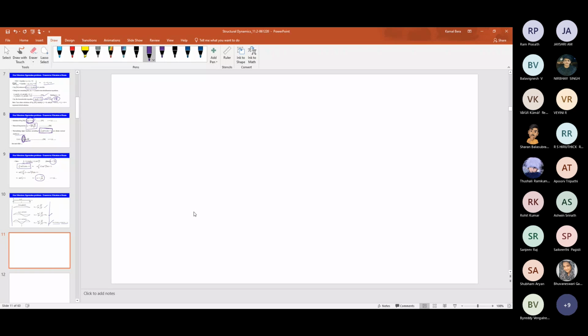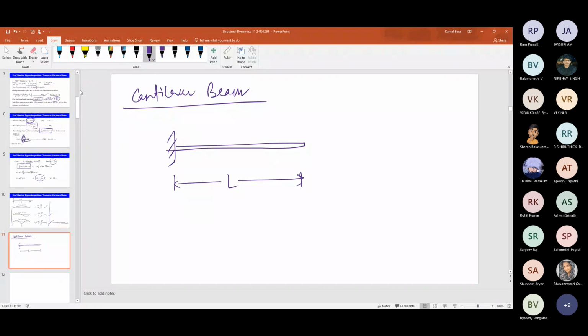Now we will move to today's topic, that is basically the cantilever beam. Its length is L. It is a uniform beam, with EI and m constant over the length of the beam.